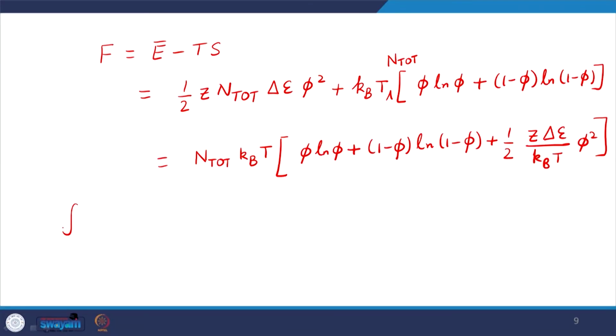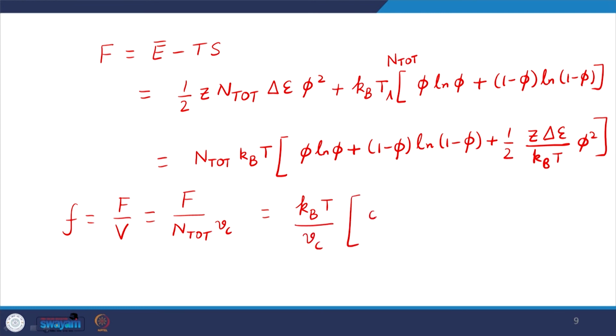And this, if I divide by the volume, gives me the Helmholtz free energy density. So, f is F by V. Now, V also I can write as n tot multiplied by Vc, because Vc is the volume of both solute and solvent molecules. So, this will give me kBT by Vc multiplied with phi ln phi plus 1 minus phi ln 1 minus phi.